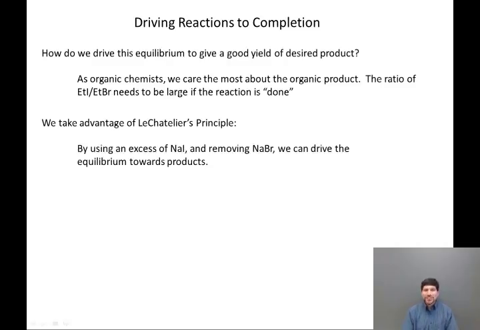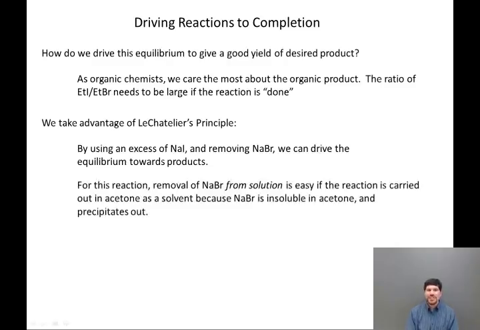In this reaction, if we use an excess of sodium iodide and remove sodium bromide, sodium iodide being reagent B and sodium bromide being product D, we drive the equilibrium. For this particular reaction, it actually happens in practice. Equilibrium just applies to what is in solution.